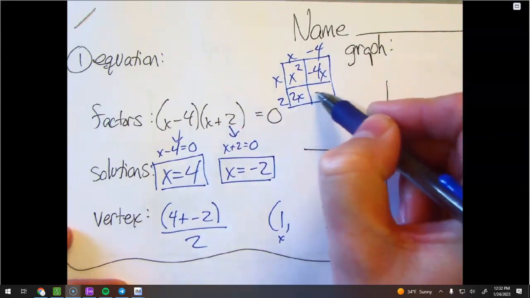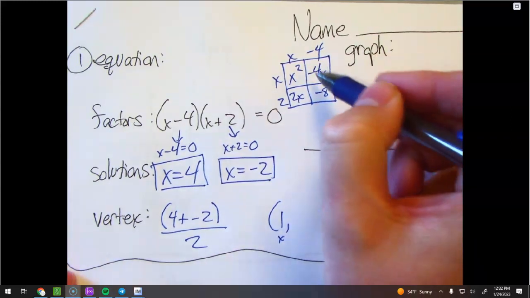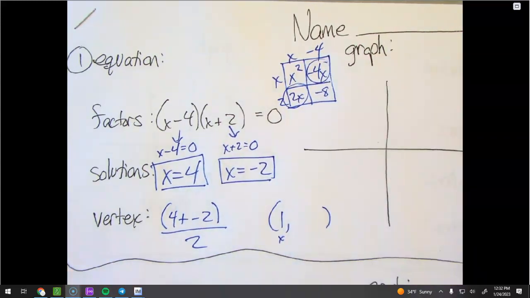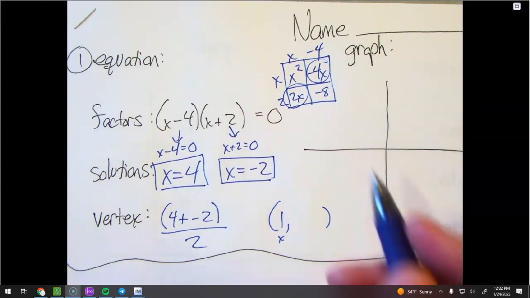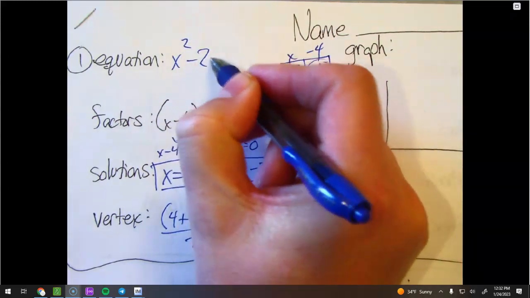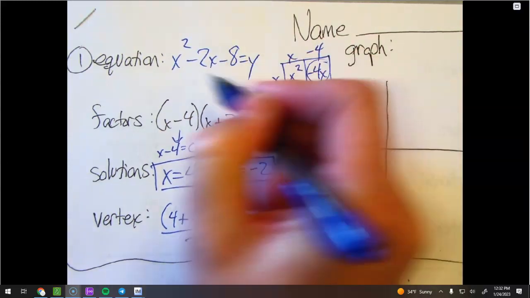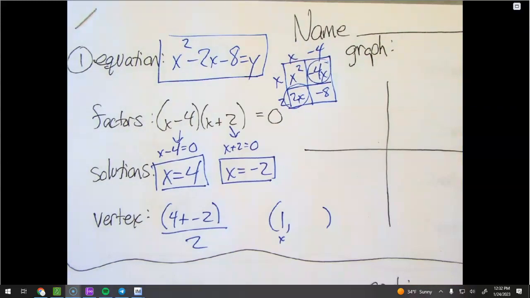And then negative 4 times 2 is negative 8. Remember the corners, you can usually combine. How many x's do I really have here? Negative 2x. And that's your original equation, so that's equal to y.